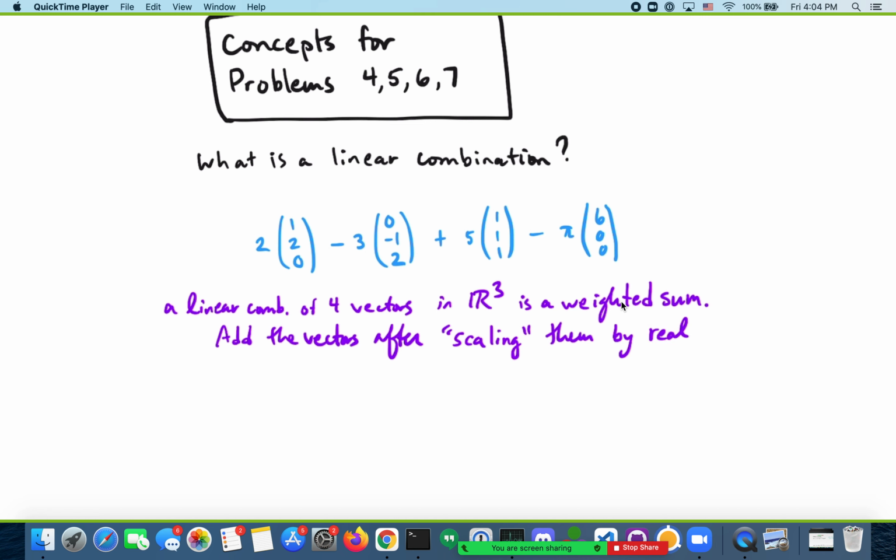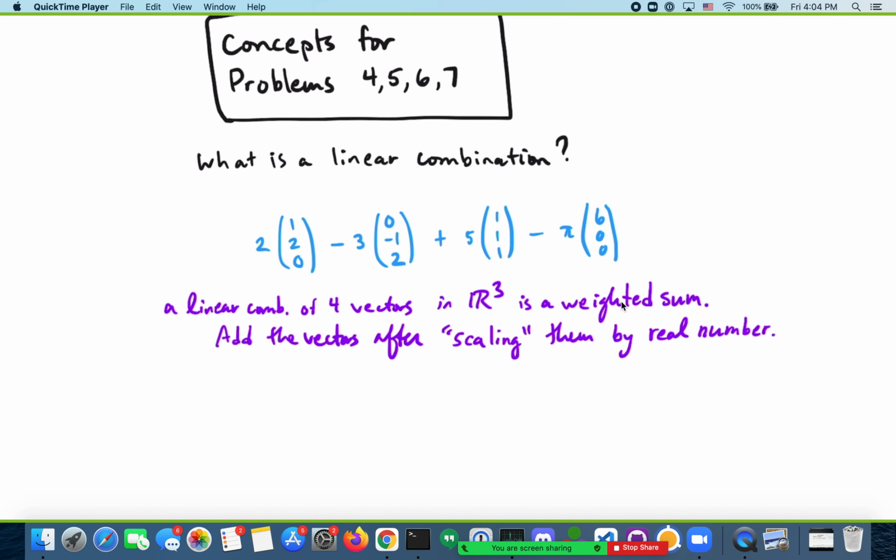So each vector gets a real number, and it gets scaled by that real number. Here by negative pi, and then added to this vector, which is scaled by 5, then added to this vector, which is scaled by negative 3, which is then added to this vector, which is scaled by 2.